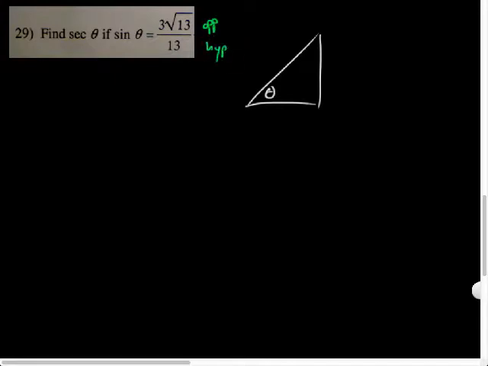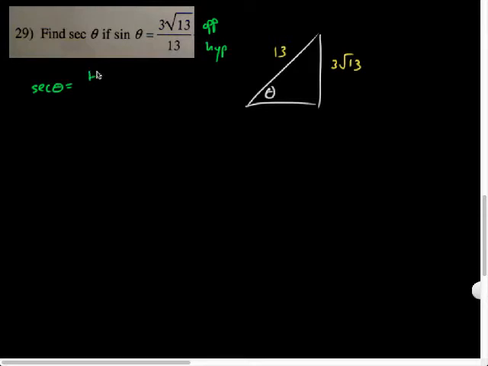All right, so drawing a picture is going to help us out. So the opposite must have been 3 roots of 13, or at least when it had a ratio with the hypotenuse, it must have had that particular ratio. So if I want to now find secant theta, secant theta, you could say, is 1 over cosine, and cosine is the ratio of adjacent to hypotenuse.